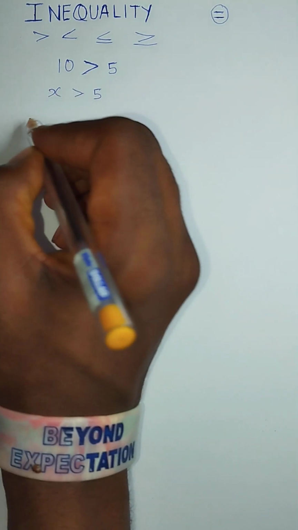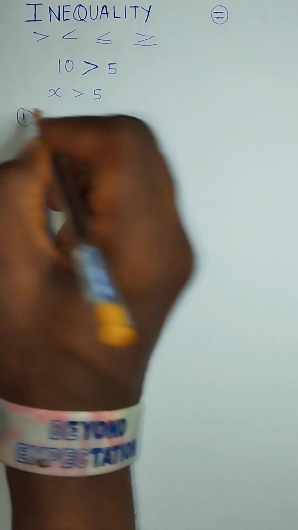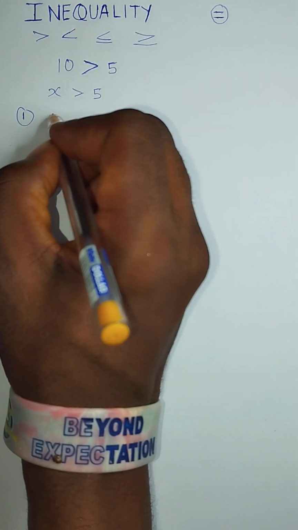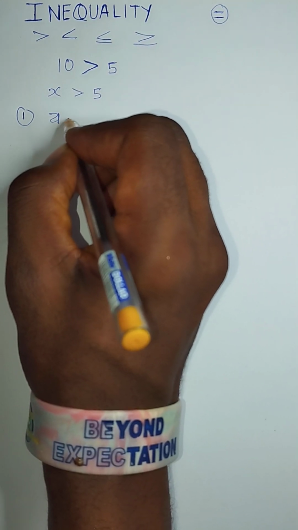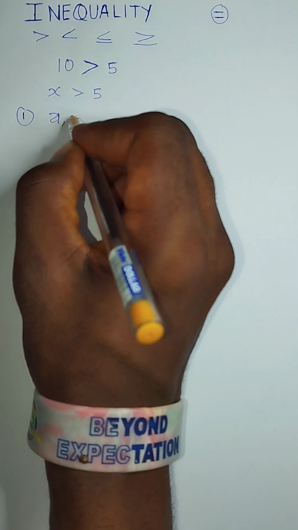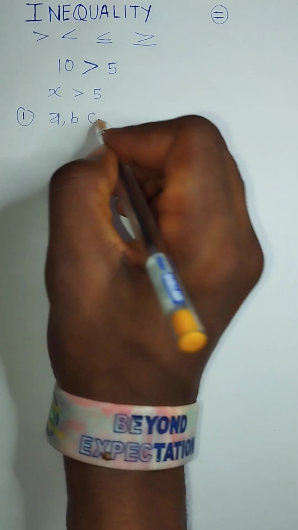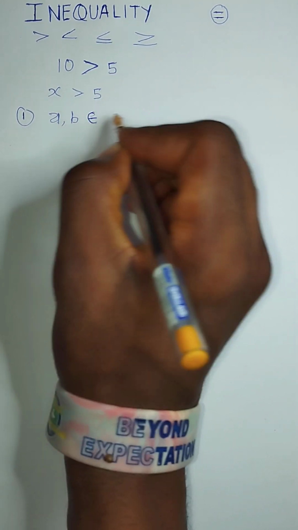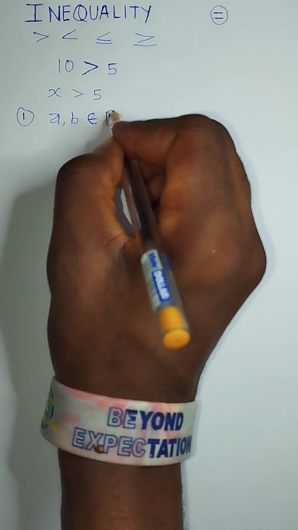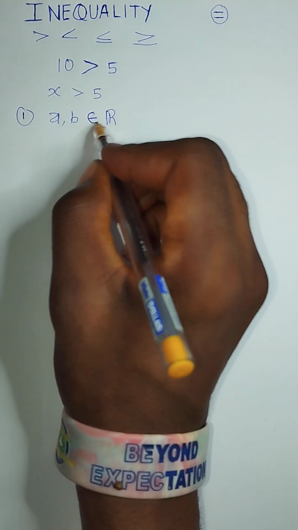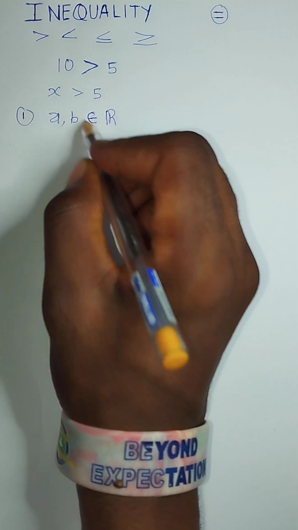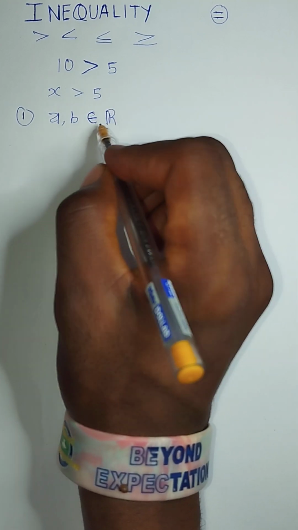Now, there are some rules and regulations you need to follow whenever you are solving any inequality problem. I'll be starting with rule 1. The first rule says if you have two real numbers, a and b, this simply means a and b are members of the real numbers. It belongs to the set of real numbers. That is how to interpret this.